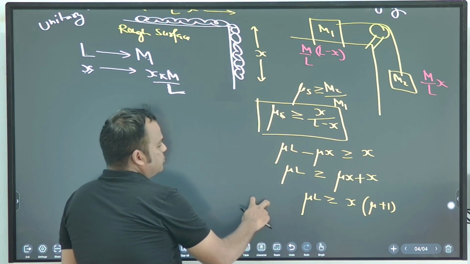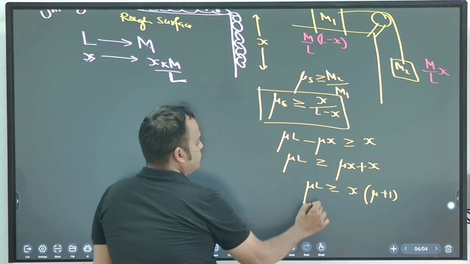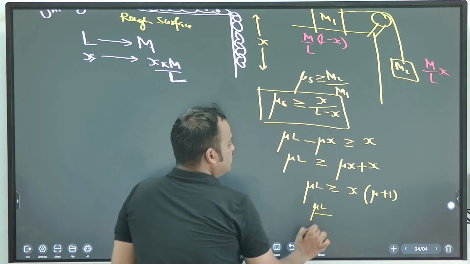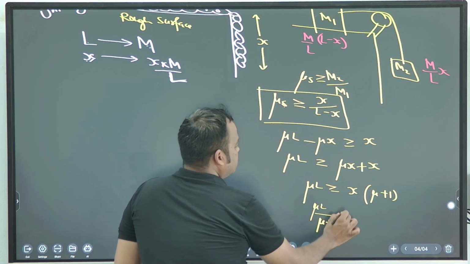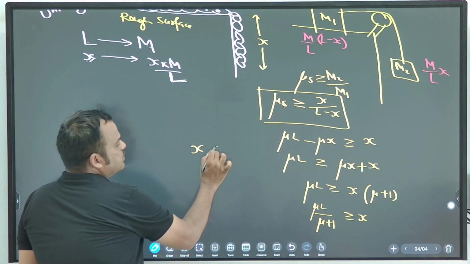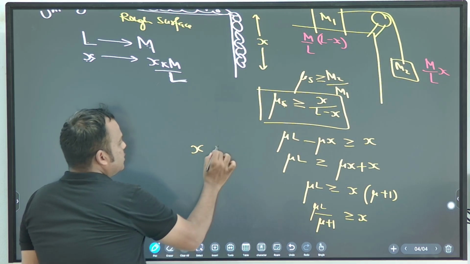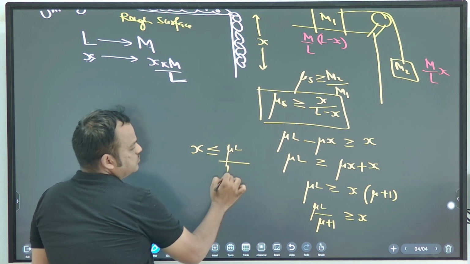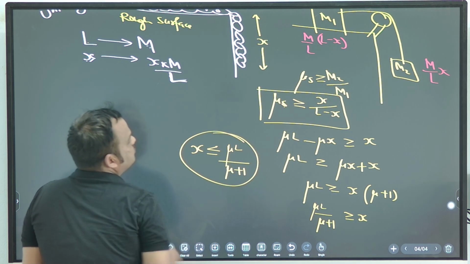So mu L by mu plus 1 is greater than or equal to X, or you can say X is less than or equal to mu L by mu plus 1. Okay, note down.